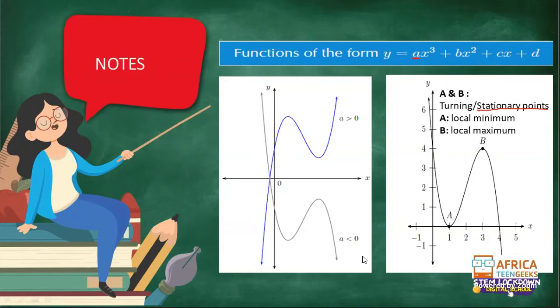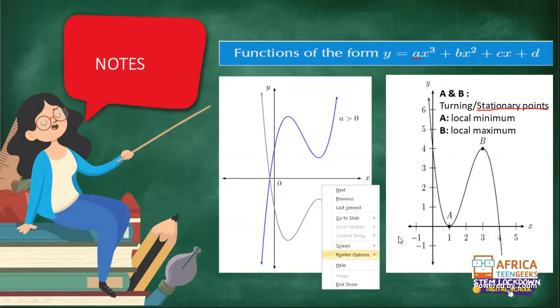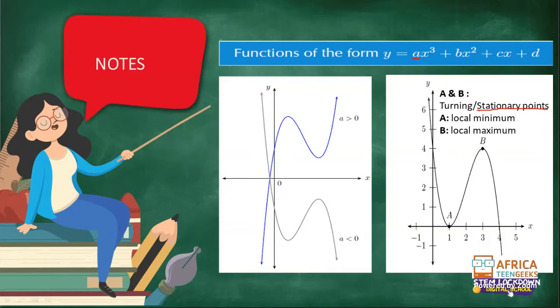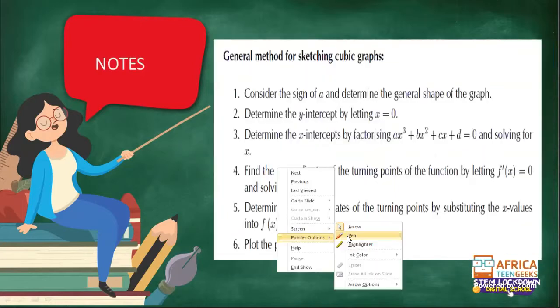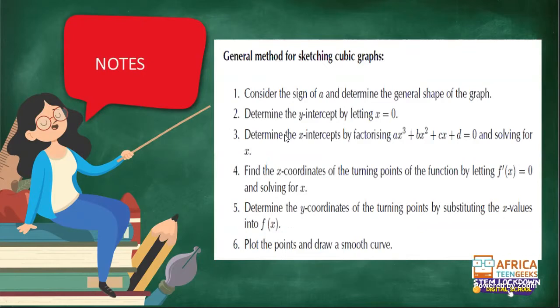So when we draw a cubic function, the first thing we will do is to check the sign of a, which will determine the shape of the graph. So we'll check a to know the general shape of the graph.